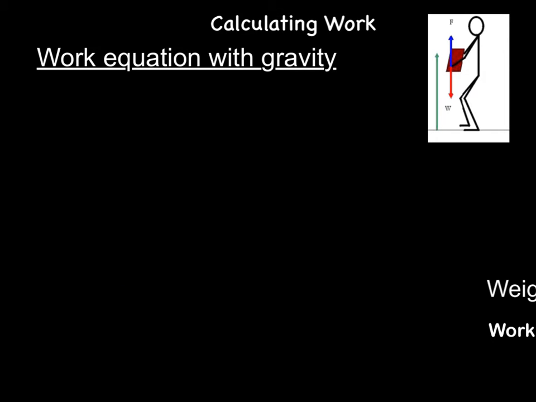Okay, so now that we have the very basic work equation under control, we're going to make this a little bit more complicated. When it comes to work, oftentimes work is done against gravity. So we have our situation here where we have a person carrying a box, and he or she is lifting that box up a certain distance.